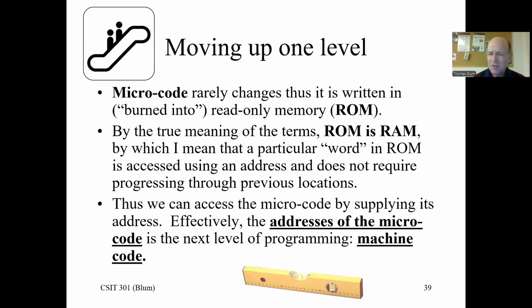Machine language can be thought of as the addresses of the ROM. The microcode is burned into ROM. So the first step of a given instruction is at a particular place in ROM, and if you supply its address, then you are accessing that microcode in ROM.